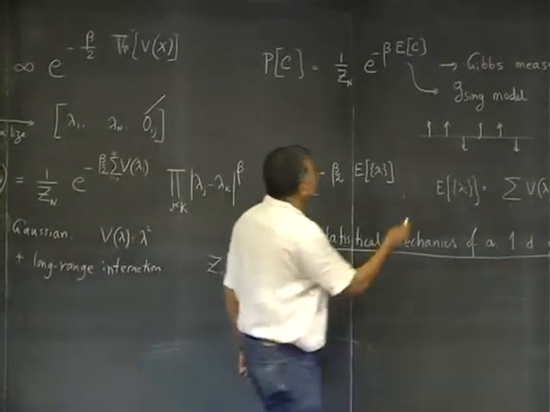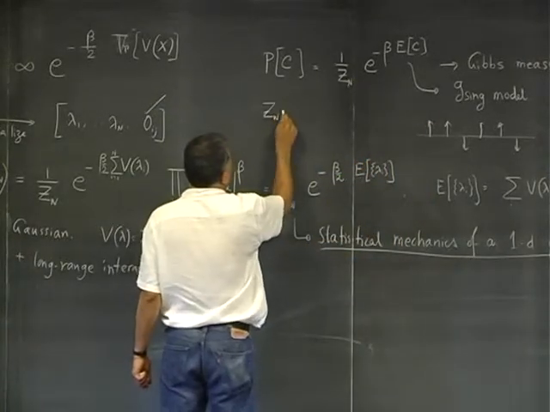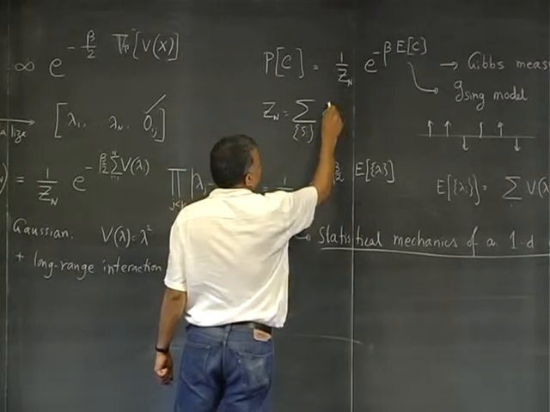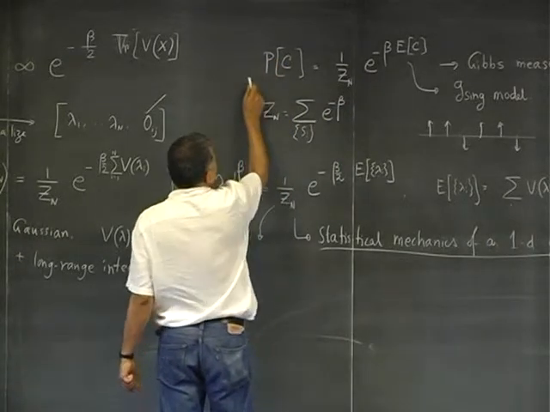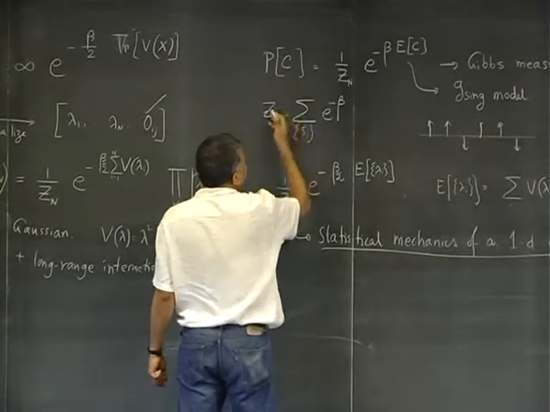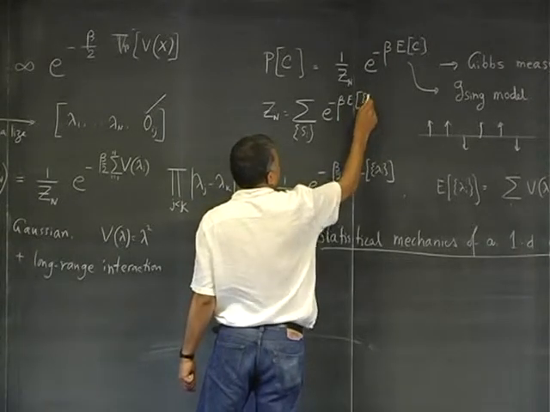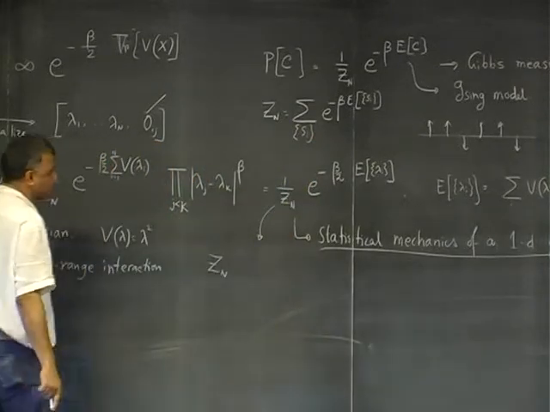When you write down this Zn in the Ising model, it's a partition function: the sum over all spin configurations of the exponential of minus beta times the energy, and the sum over all configurations C should be equal to 1. That fixes Zn to be the sum over all spin configurations. This you can solve by transfer matrix techniques.